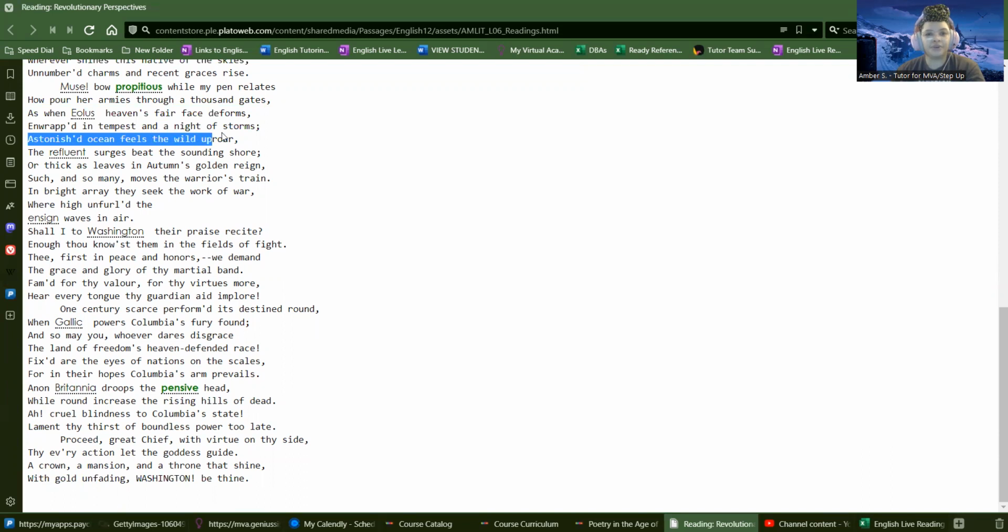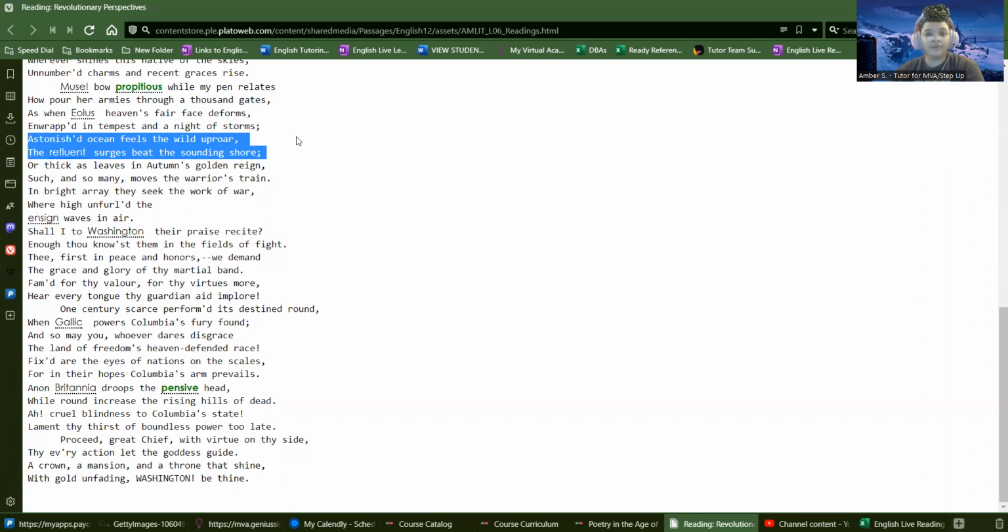Astonished ocean feels the wild uproar. The refluent surges beat the sounding shore. So if we come down here, we have refluent, so that means flowing back. So astonished ocean, we're describing the ocean as being astonished or surprised, feels the wild uproar. So she's saying that these winds that are similar to how the armies poured through are enough to surprise, shock, or astonish the ocean, and that it's so strong that the ocean can feel the uproar, and that the surges beat the sounding shore.